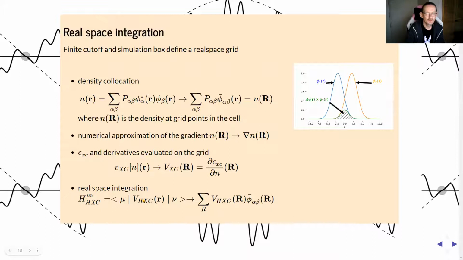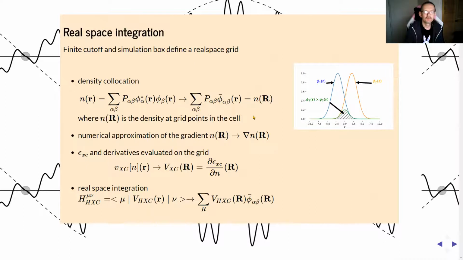But then if you want to get back into a matrix element in terms of your original Gaussian functions, you integrate the potential that you had at each of the grid points by the functions. So you switch back between these two different representations.